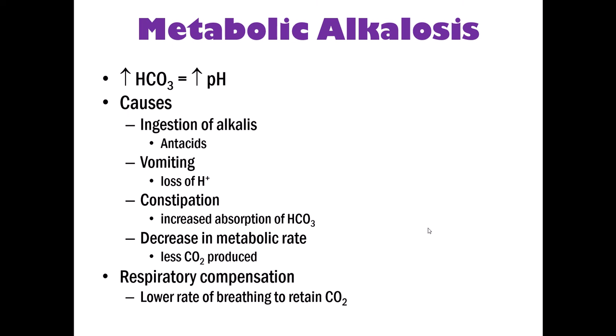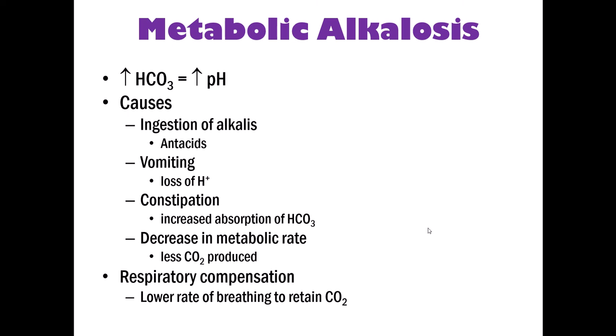There are lots of different ways that the blood can become too basic that isn't just a respiratory system screw up. If you take a lot of antacids, that can drive up your pH. If you are ill and you are vomiting, which causes a loss of hydrogen ions, right? So if you lose a lot of stomach acid, that's that burning feeling you feel when you're vomiting.